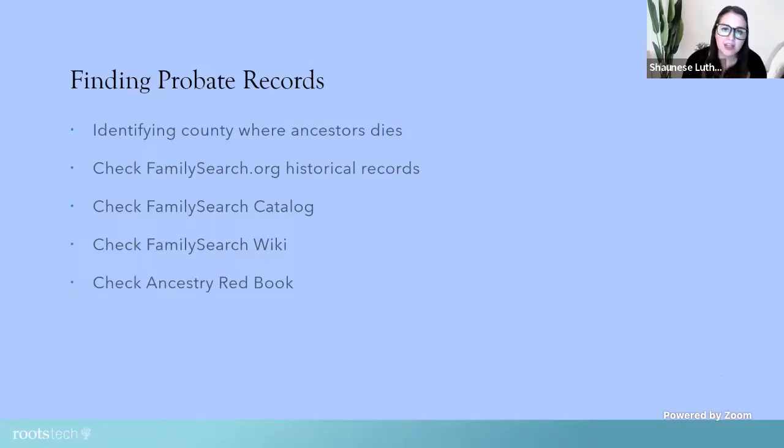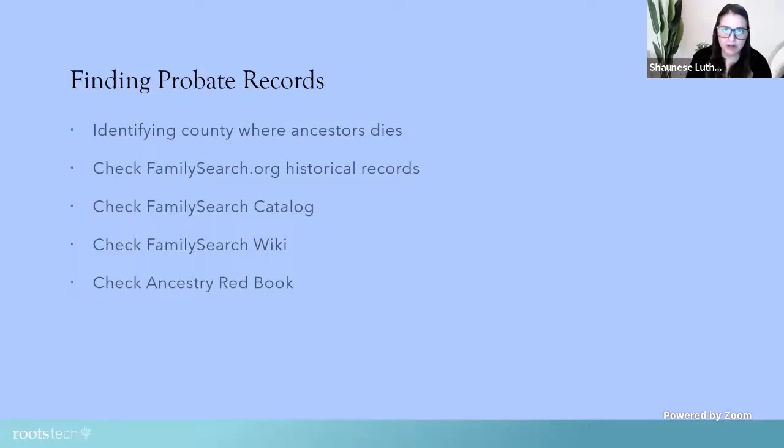And if I can't find it, then I would check the historical records on familysearch.org. And if I'm still not finding it, then I'll check Ancestry Red Book. And I know you could also probably check Ancestry Card Catalog as well. You could also do just a Google search of the county and probate records.